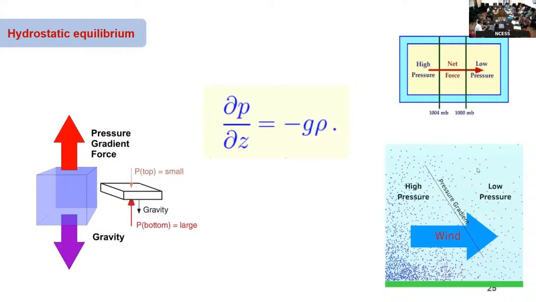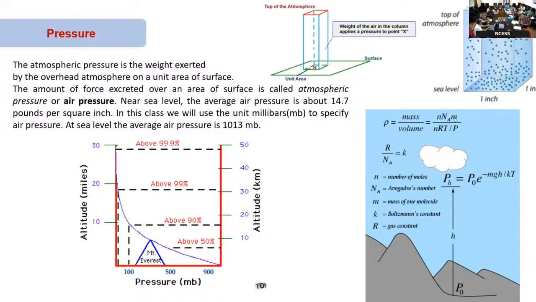So as I mentioned, gravity pulls the atmosphere down, isn't it? So gravitational force will be there downward. At the same time, pressure is exponentially decreasing, isn't it? So that's what we found here.